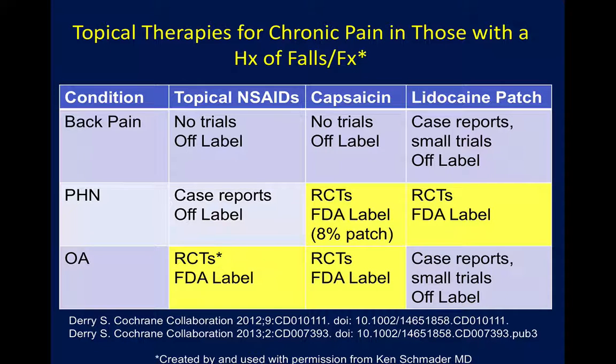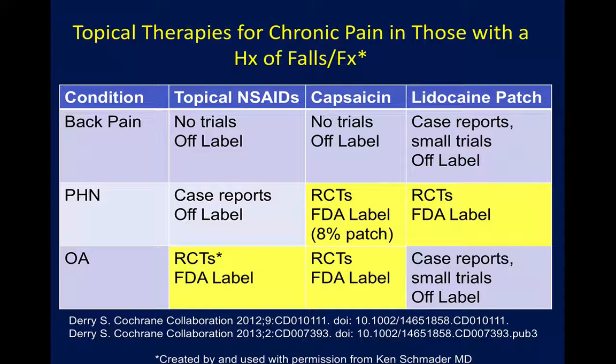You may want to try traditional things such as acetaminophen, and evaluate whether physical therapy may be a better option, or whether local injections may be a better option. For post-herpetic neuralgia, for people having nerve pain related to shingles, there is evidence that shows benefit with lidocaine patches and capsaicin, and some possible case reports of benefit with topical NSAIDs like ketorolac.